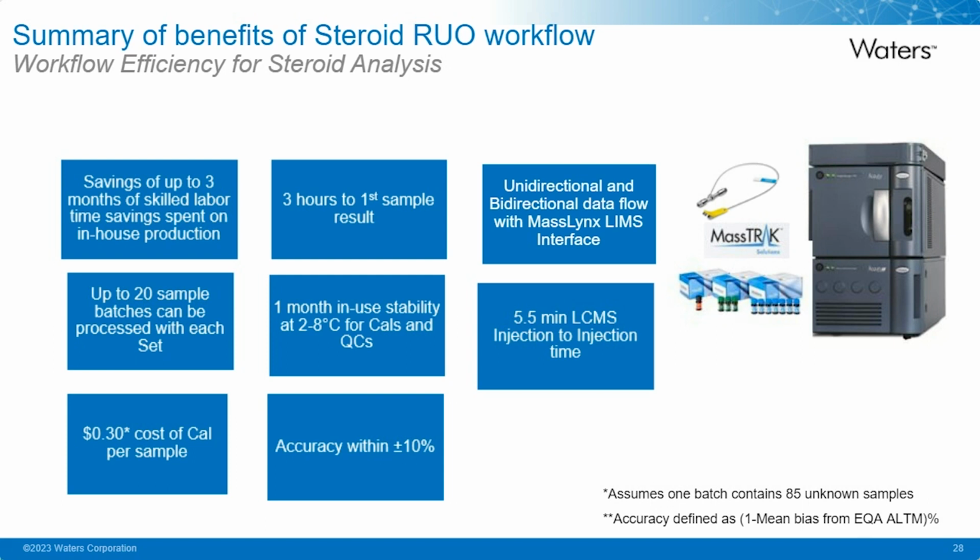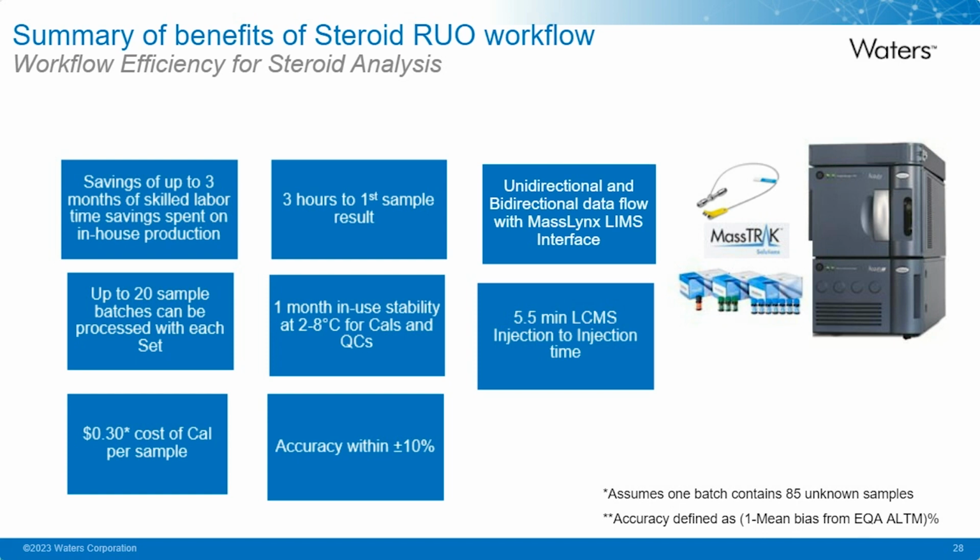That takes into account that you've already prepared the sets. You perform the analysis of a typical batch of between 48 and 96 samples, which takes about 2 hours. Then the LC-MS analysis for the calibrators, followed by the first sample, takes about 3 hours overall, when you incorporate both the sample preparation and the analysis time. There is 1 month in-use stability, which Isha has already highlighted with these skeleton QCs, and we've demonstrated that when we analyse these, the accuracy compared to EQAs is within 10%.